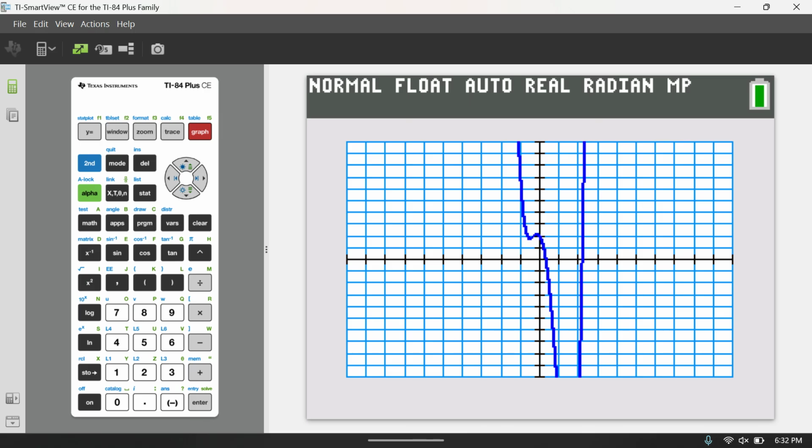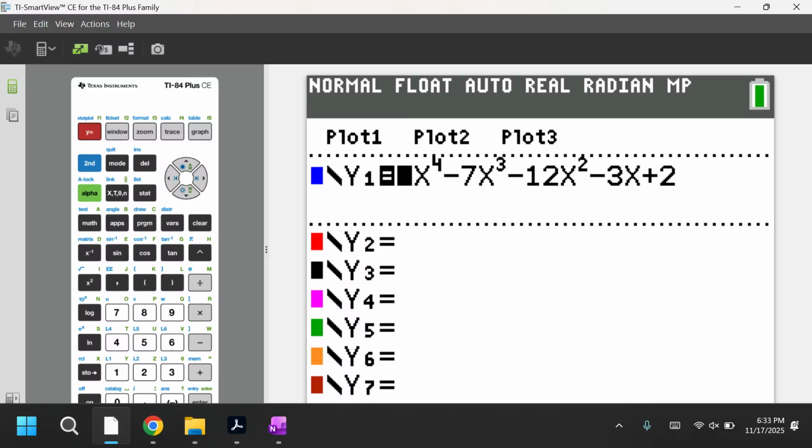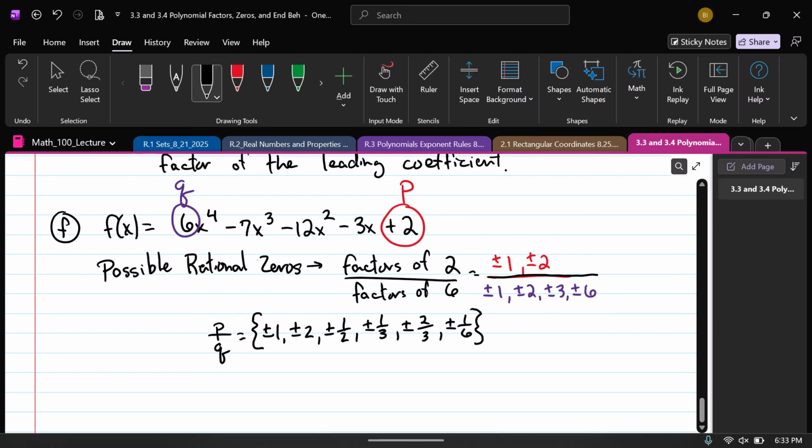I'm looking for it crossing the x-axis. Looks like maybe they're at 2. No. Did I type that in there? I know what it is. I miscopied my problem from the beginning. That should be a plus 7x cubed.